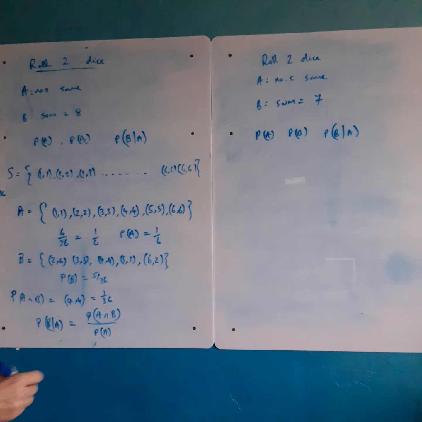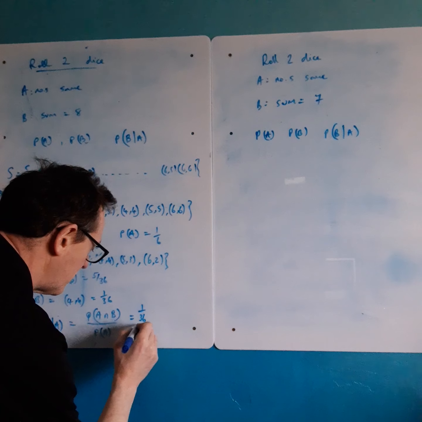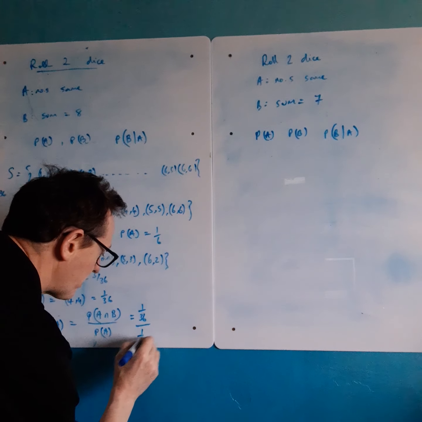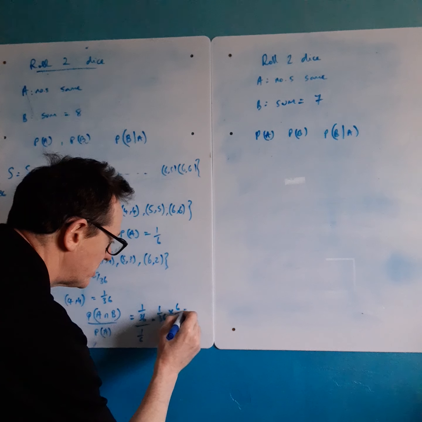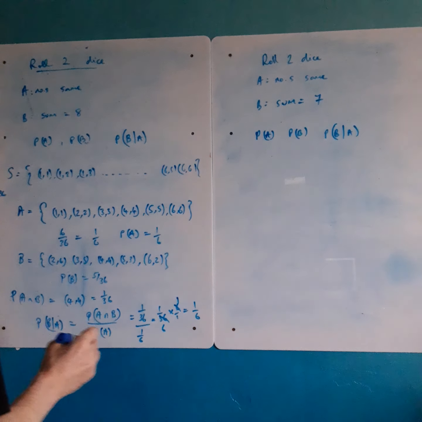So there's a 1 in 36 chance of getting that. So it's 1 over 36 over 1 over 6. So it's 1 over 36 multiplied by 6 over 1, which is 1 in 6. Okay. So there's a 1 in 6 chance.